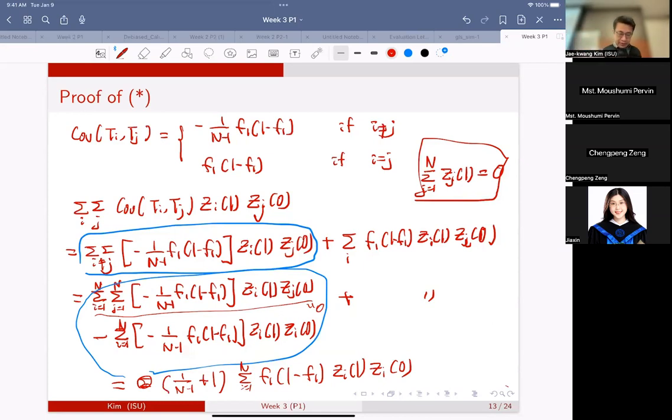I mean, this one is the same thing, right? So the sum of the two terms is equal to this.